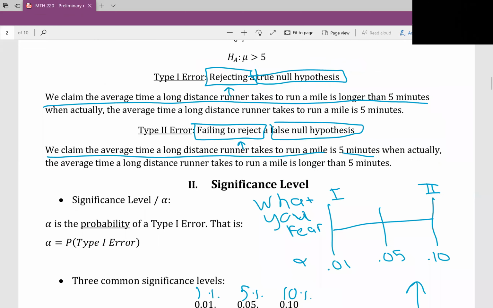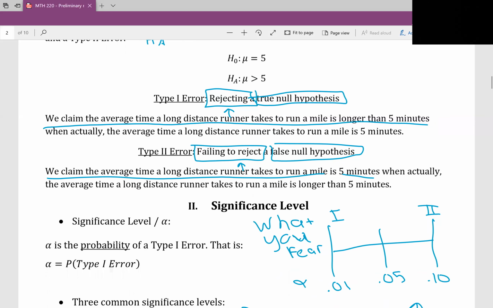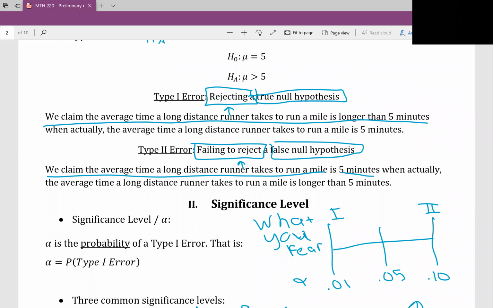So if we go back up to this example, we're talking about an average time a long distance runner takes to run a mile. There is not a lot of background info on this problem about who is doing this research, what company or person is wanting to know this. With that in mind, these errors don't have a lot of severity. When we talk about what you fear, if you're working for a company, they're going to be afraid of losing profits.